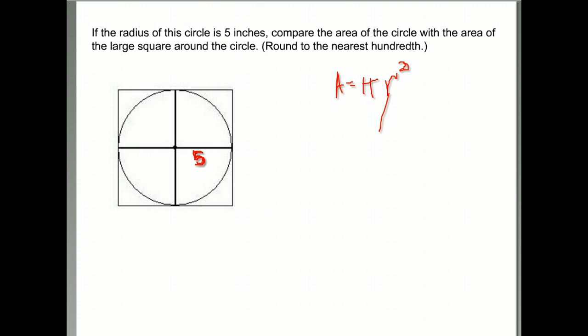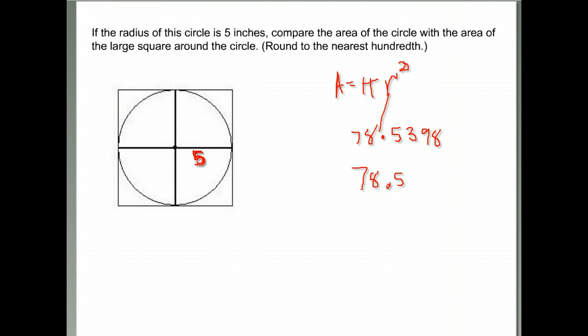Any ideas on that one? Or can you still not hear? Oh, good. Yes. So you would take pi times the radius squared. The radius is 5, so 5 times 5 is 25. And then 25 times pi, you're exactly right, gives us 78.5398. I'm going to go ahead and round that off to 78.5.